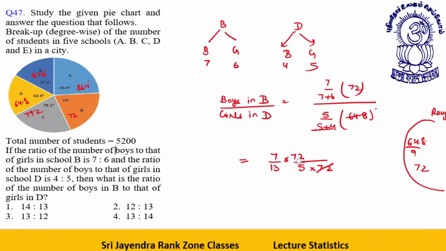So far clear. Now 7.2 cancels with 72 to give you a 10. 5 cancels with 10 to give you a 2. So this becomes 14 by 13, that is 7 into 2 by 13, or 14 by 13. Which is the option? Option number 1 is the answer.